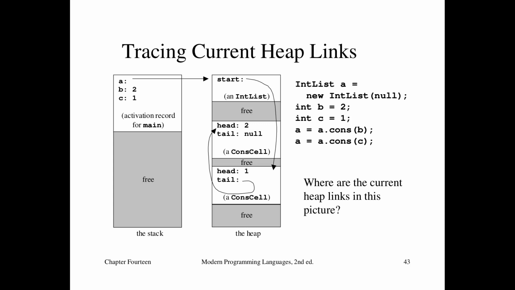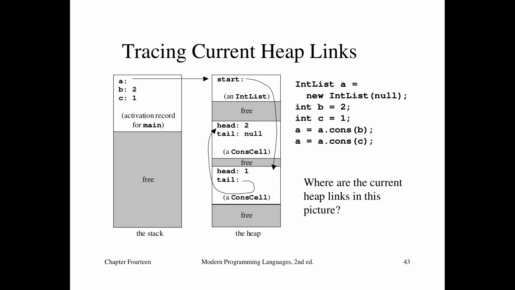So we can trace the heap link. You have the stack, and the stack has the activation record for main. We have A, B, and C. A points to some object in the heap, in this case this item, head 1, which then points to its tail, 2, which has tail null.